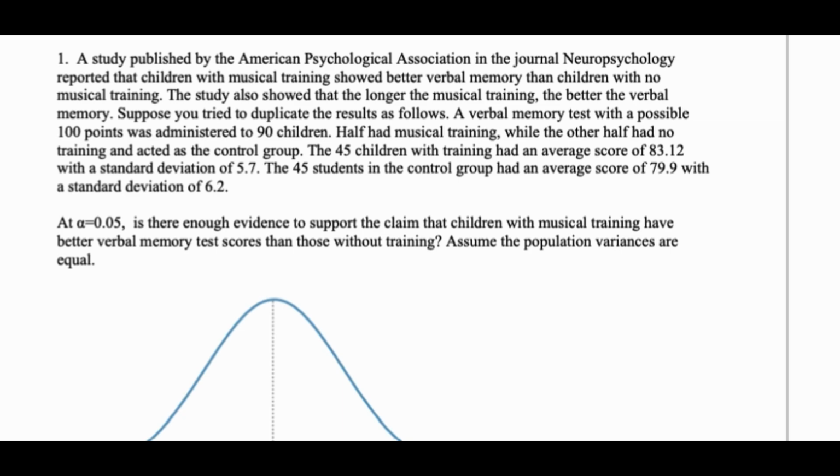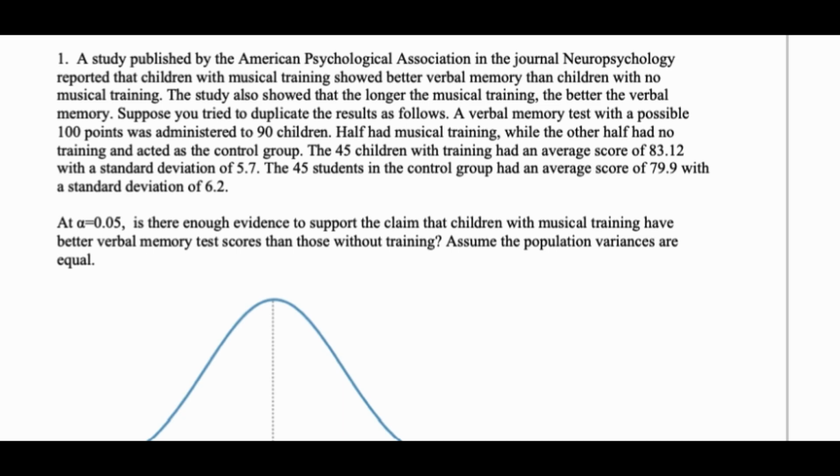So you could do a verbal memory test with a possible 100 points and give that to 90 children. Half of the children have musical training and the other half do not, and they act as the control group. The 45 students with training had an average score of 83.12 on the test, and the sample standard deviation is 5.7.